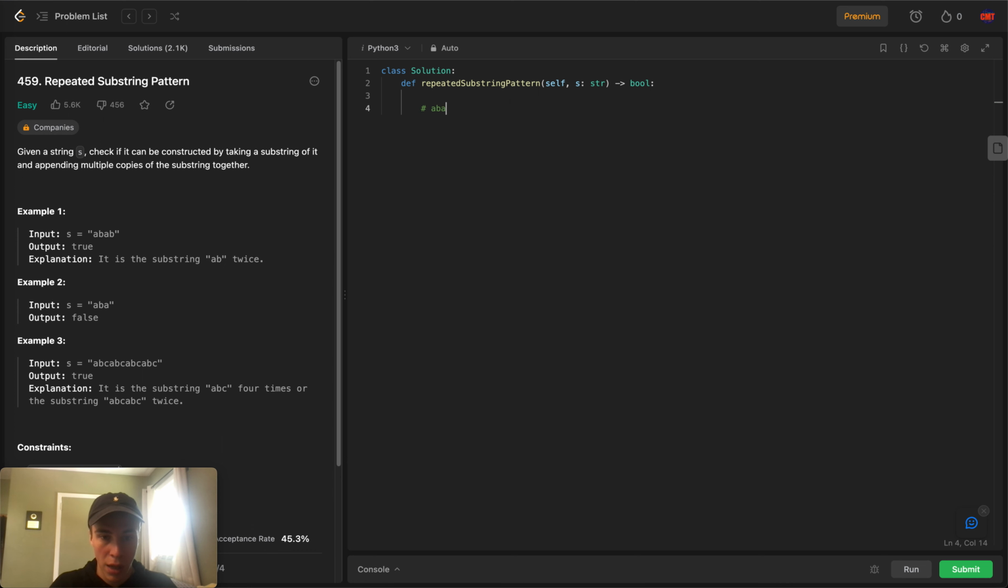A, B, A, B, C, A, B, A, B, C. Do you see how here, in my initial approach, I could have assumed that AB was the substring, and then this would have fallen into place as being a substring, and then this one would have prevented the previous assumption that AB is a substring from being true.